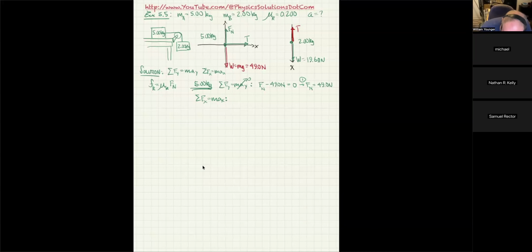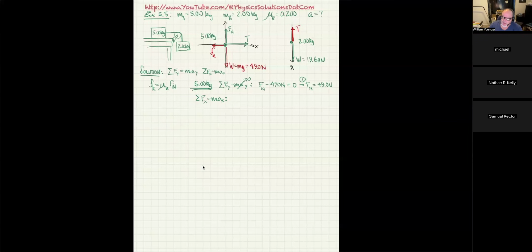So I had actually left off a force, which would be in the negative direction, and that's the kinetic friction. So the summation of forces on the left-hand side is going to involve the tension and the friction force, and the tension is acting in the positive direction, so that'll be T, and then plus negative Fk.